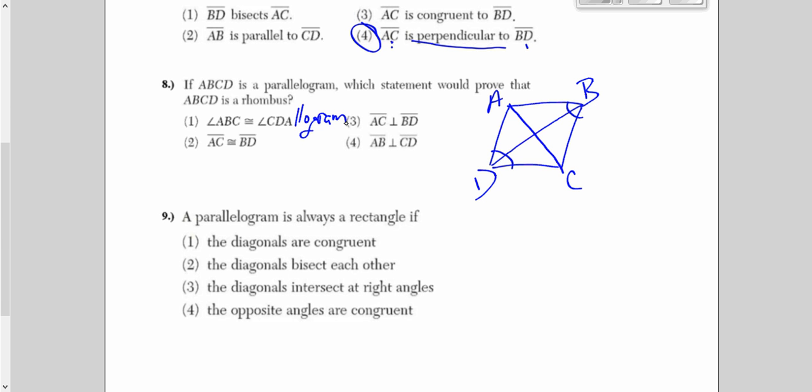You can do that. What about AC being congruent to BD? In other words, those are the diagonals. Would congruent diagonals make it a rhombus? What would that make it? Rectangle, at least, right? And we said 3, yeah, perpendicular would definitely. Well, what about AB perpendicular to CD?